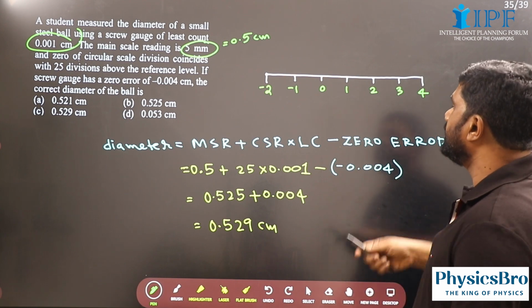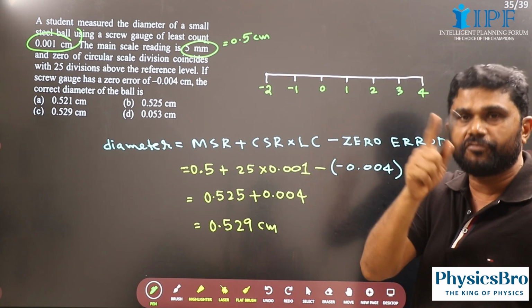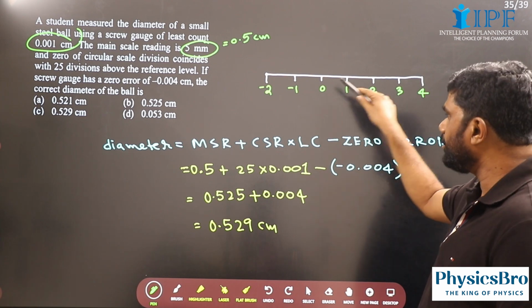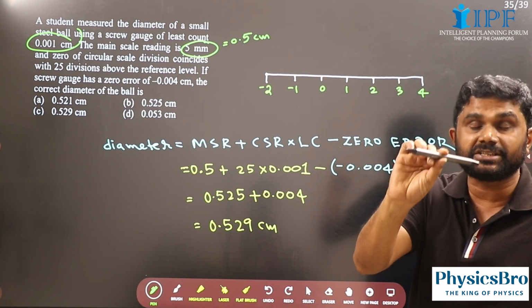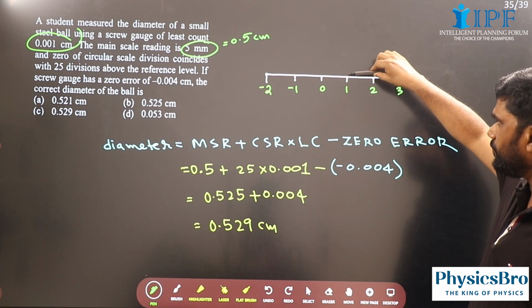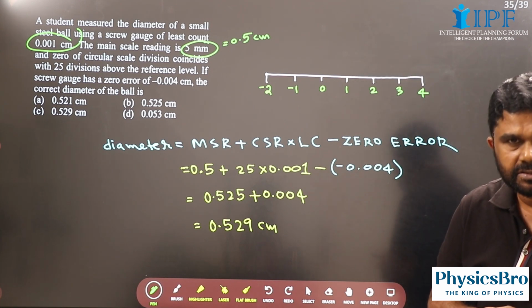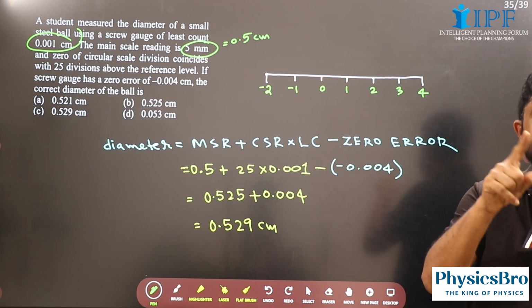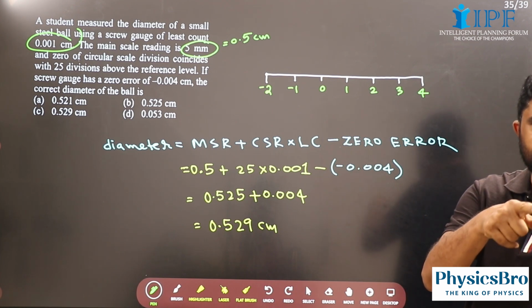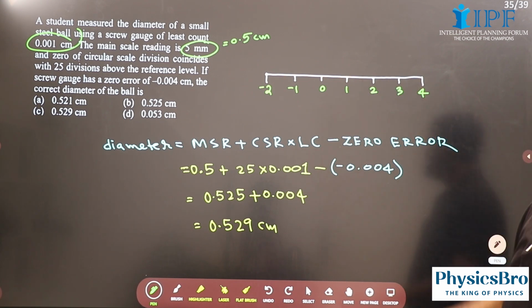But if I start the measurement from 1, the other end will be at 4. So the zero error is 1 and the reading is 4. I have started measurement from 1, the other end is at 4, so its length will be 3.